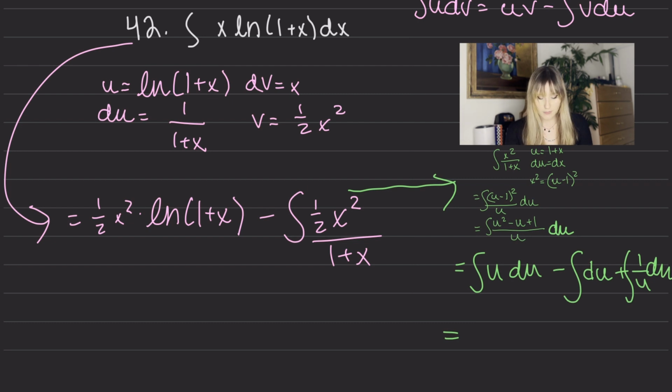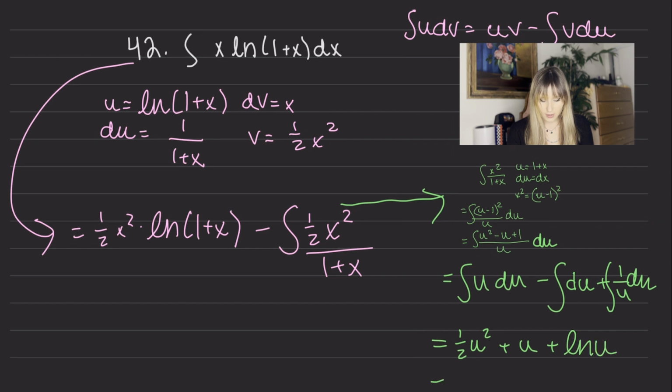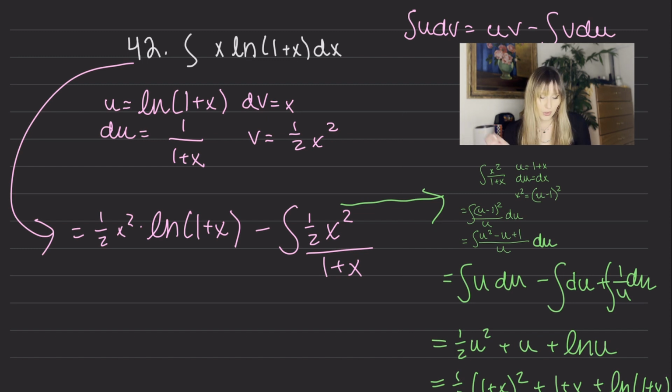So this is going to be 1/2 u squared plus u plus log of u. Plugging in the u, I get 1/2 (1 plus x) squared plus (1 plus x) plus log of 1 plus x. Okay, that was kind of unsexy, but we're gonna continue and just get our answer down.